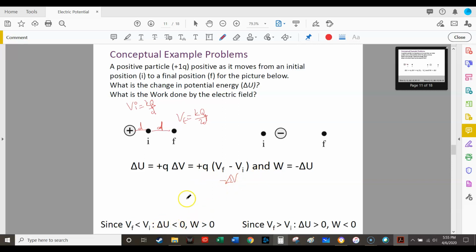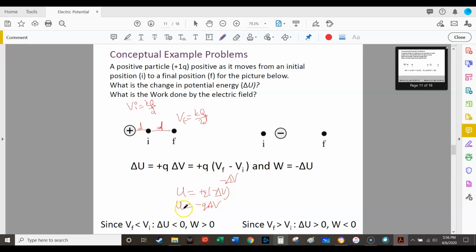So that means delta U is going to be less than 0. U is going to be equal to positive Q times a negative delta V, and that means delta U is less than 0. And so will there be any work done?